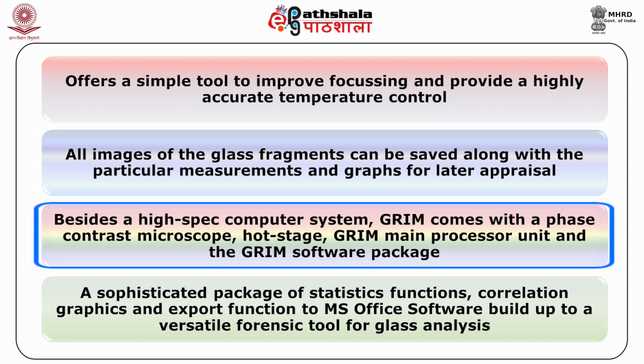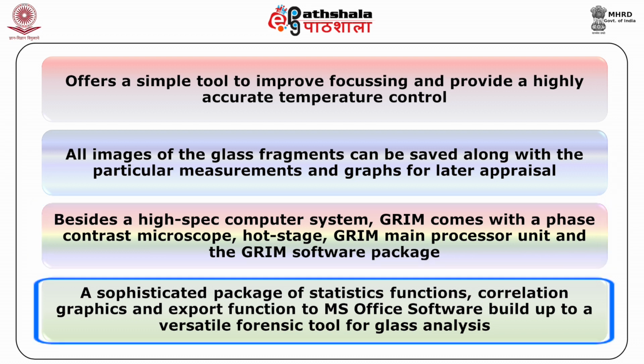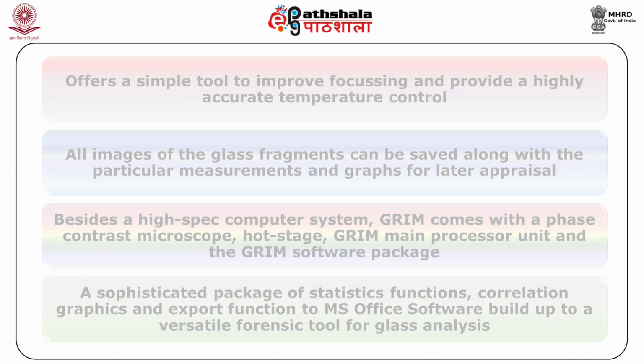Besides a high-spec computer system, GRIM comes with a phase contrast microscope, hot stage, GRIM main processor unit, and the GRIM software package. A sophisticated package of statistics functions, correlation graphics, and export function to MS Office software builds up a versatile forensic tool for glass analysis.